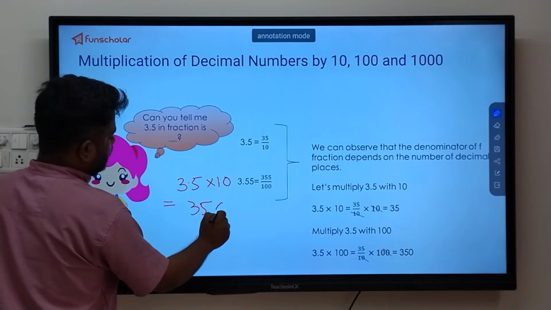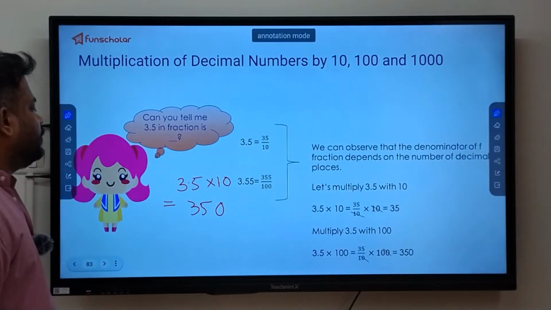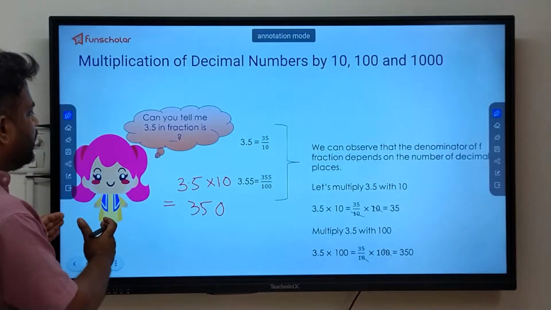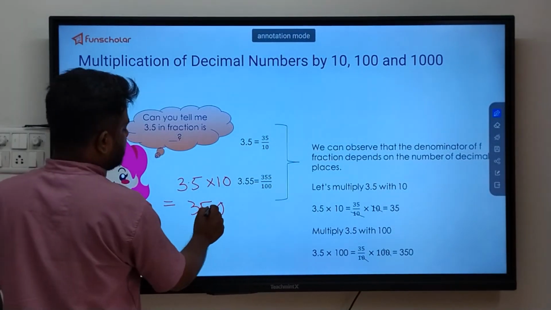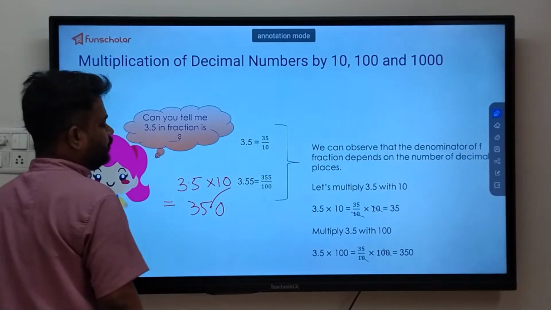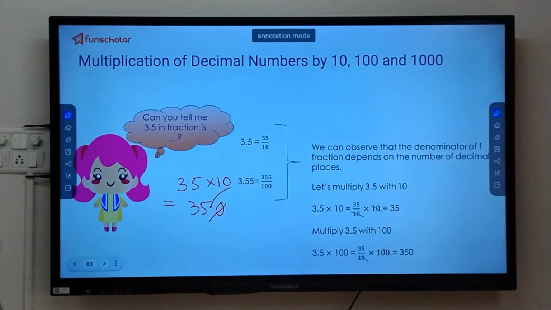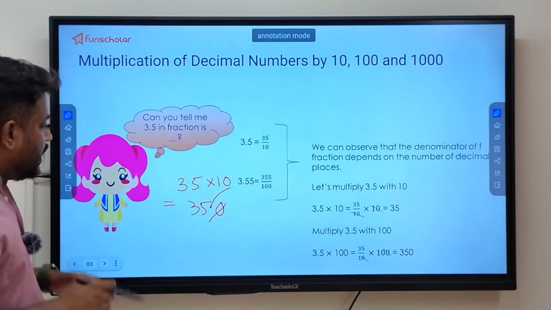So it will be 350, and the point will be placed by counting off one digit from the last, and the point gets removed and the 0 gets eliminated.